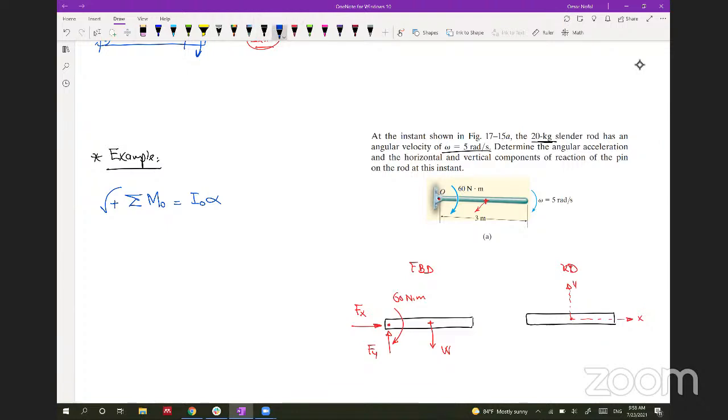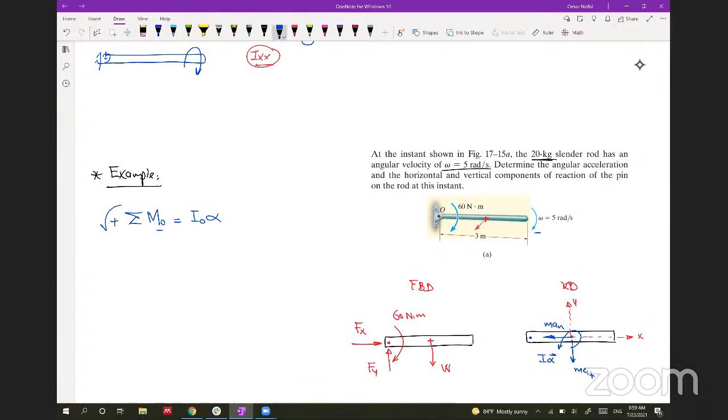The body is moving in this way, so I will assume that m a tangent is this way, and if this is point O and this is the center of mass, this is the fixed axis rotation point, so m a normal is in this direction, and I will assume that this body has an I alpha in this direction. So I put the right-hand side of the Newtonian equations in the kinetic diagram and the left-hand side in the free body diagram.